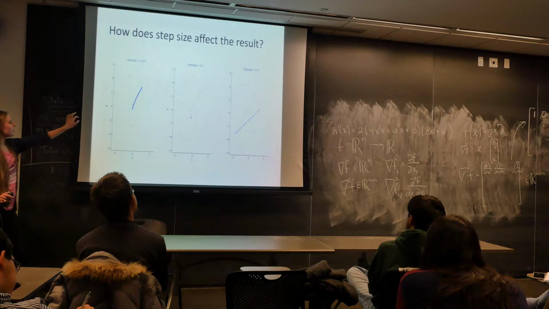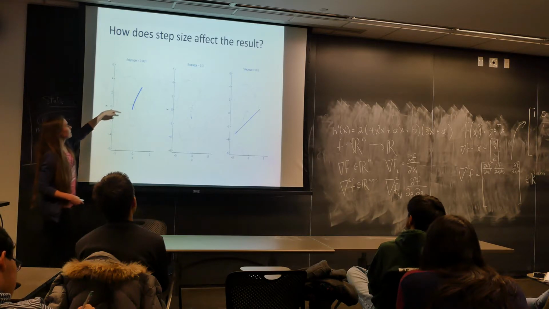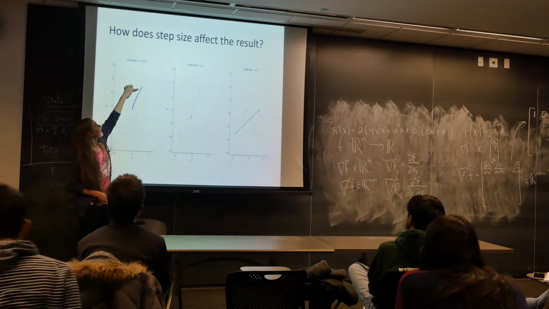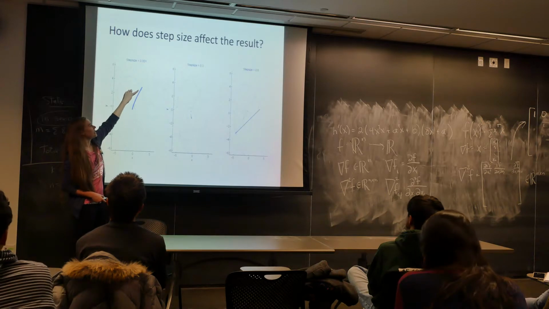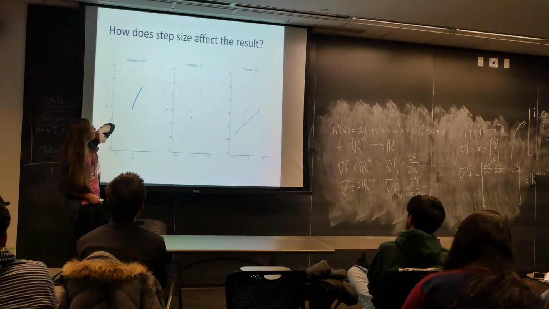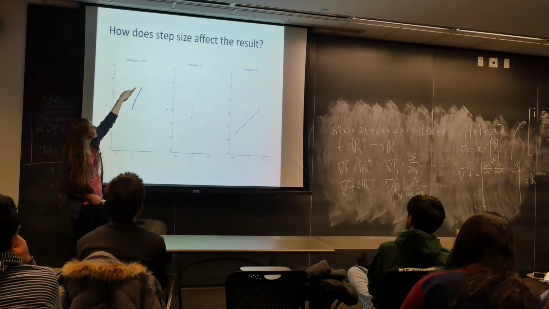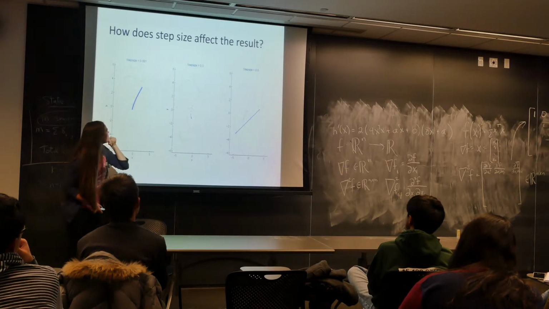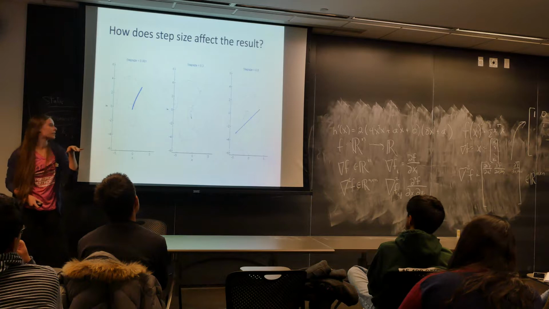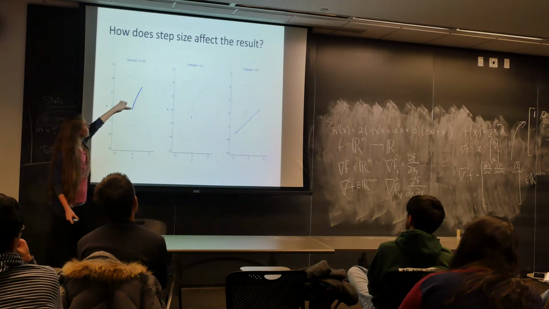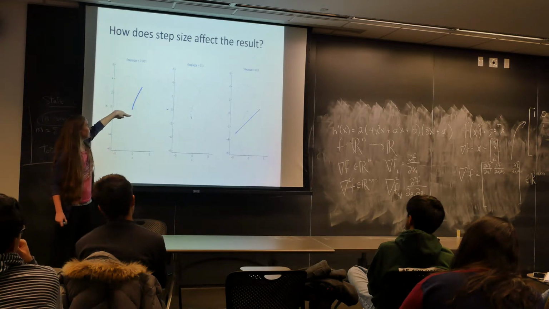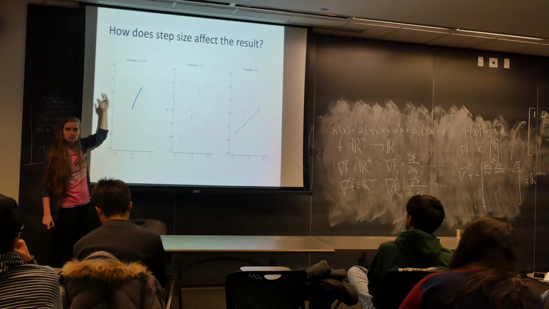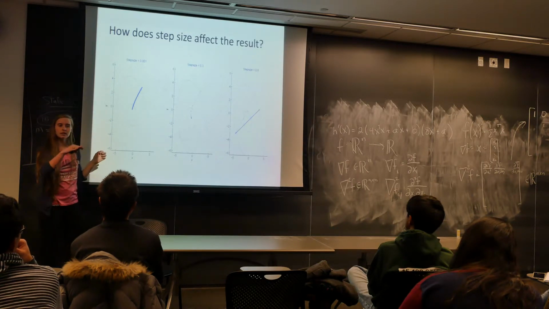If you have a really small step size, I plotted a dot for each time you stepped, but it basically just looks like a solid line because it doesn't get very far each time. I stopped it after 50 iterations, and you can see that it didn't get to the optimum.